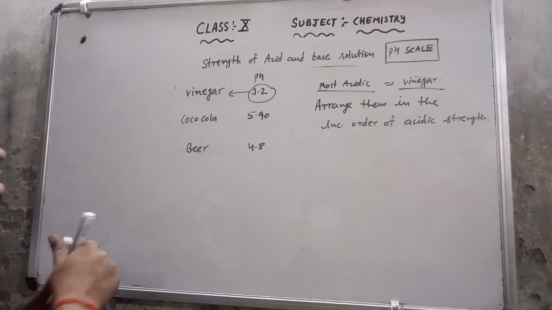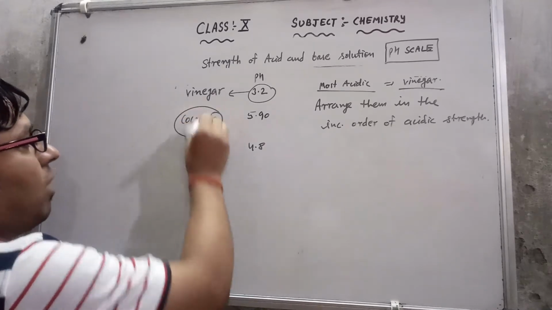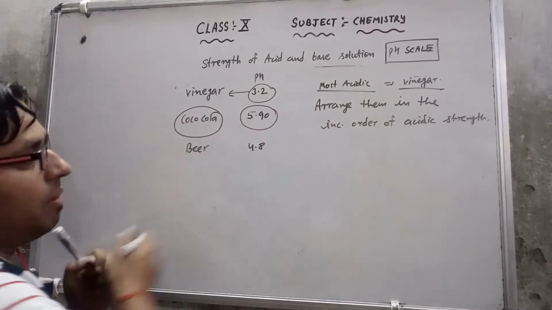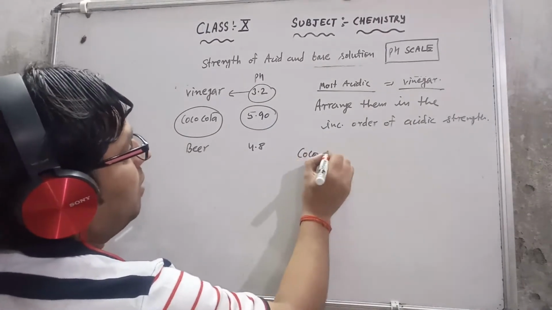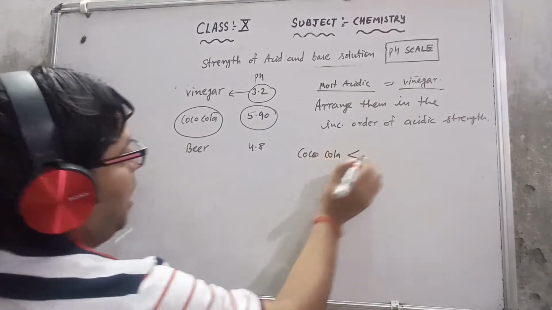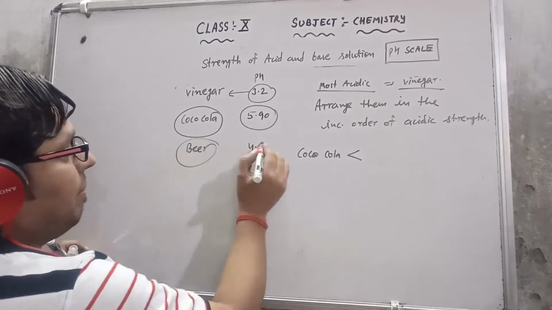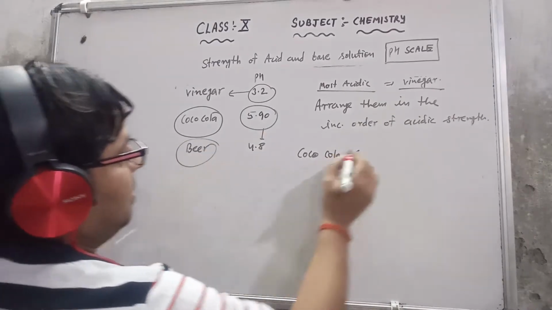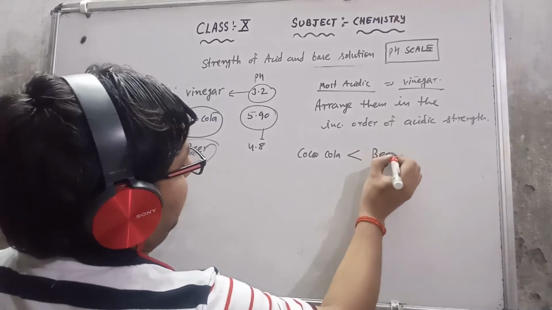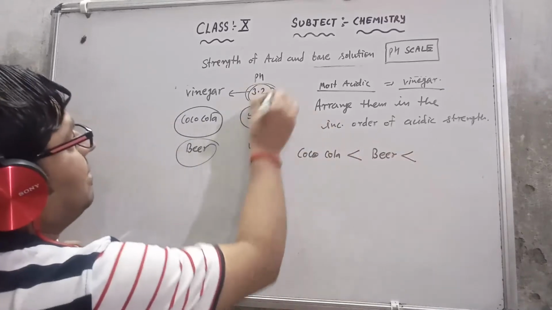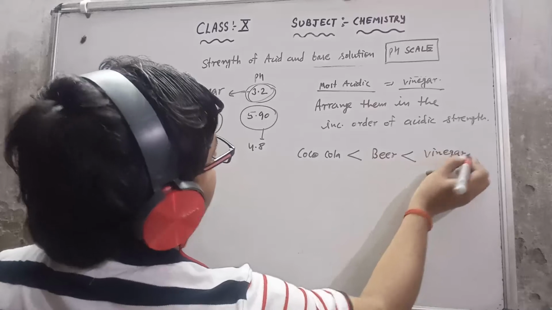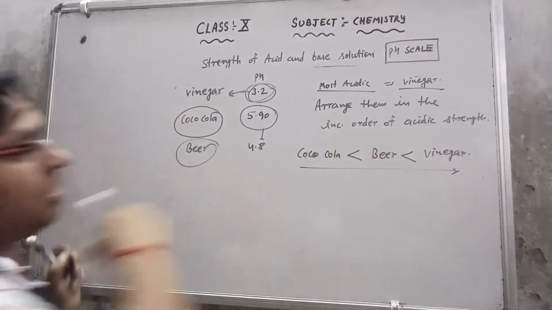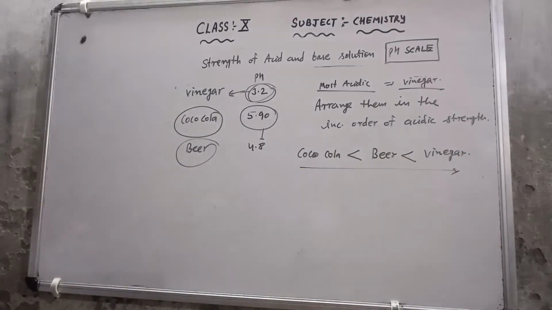Coca-Cola is weakly acidic because its pH value is maximum. So firstly Coca-Cola will come. After that beer, because its value is less than this, and the most acidic is vinegar. So this is the increasing order of acidic strength.